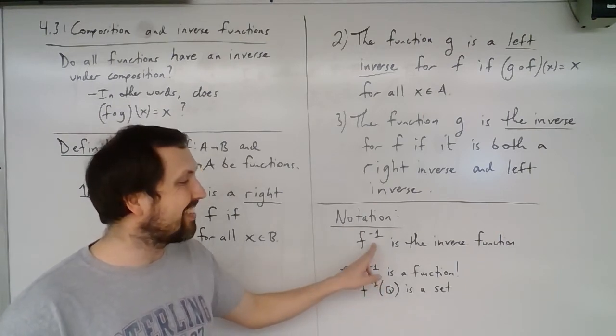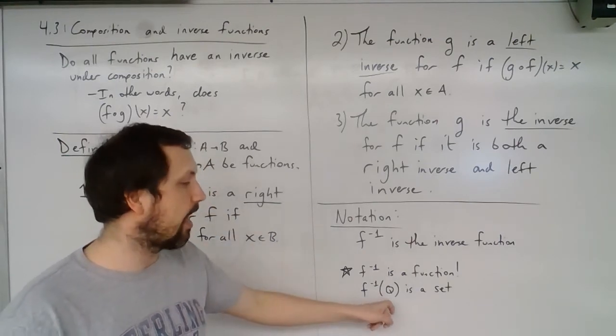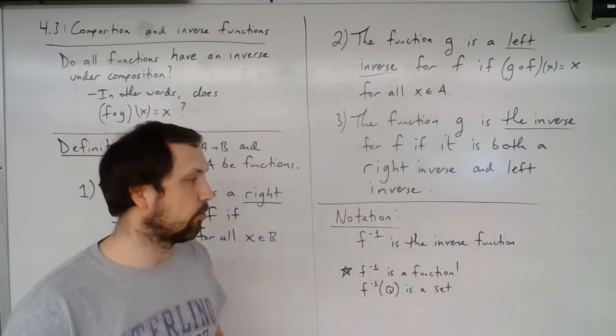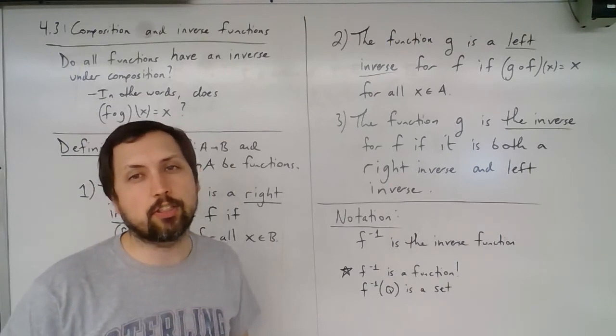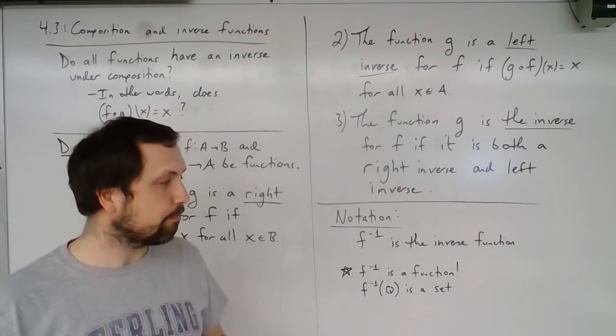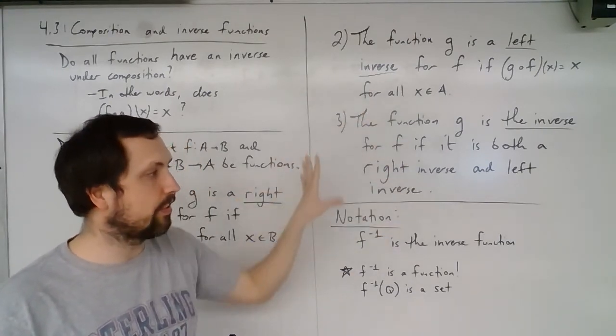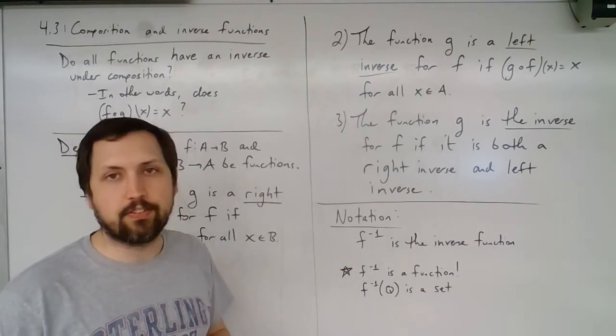So this by itself is just the name of a function, it is not looking at a set. So be careful when it comes to inverse images and now inverse functions. All right, so we'll take a look at some examples to get a little bit better of a feel on this.